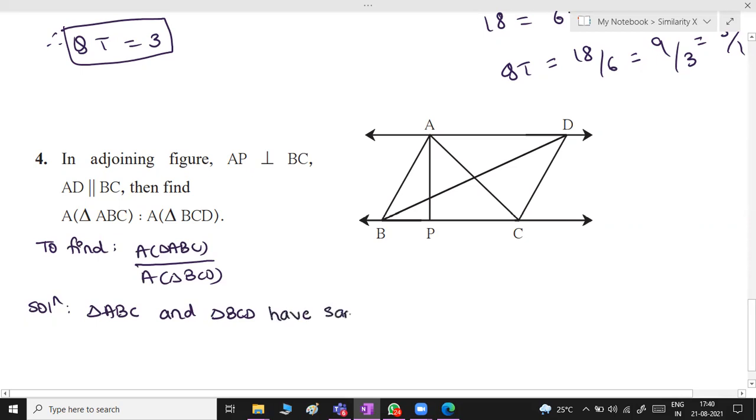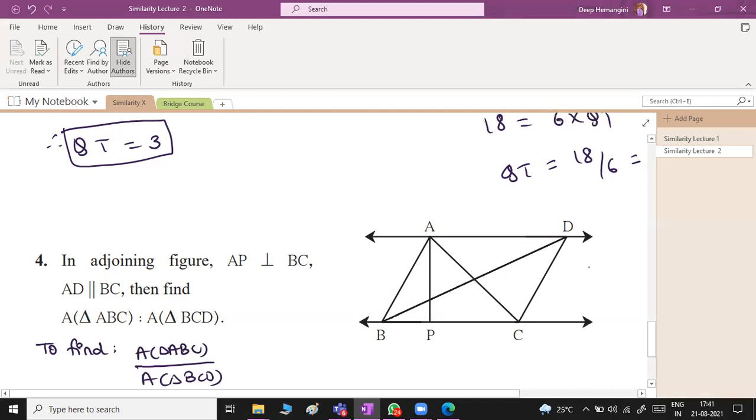Also the vertices of ABC and BCD lie on the parallel lines AD and BC. मतलब उनके बीच का जो distance है, जो parallel lines के बीच में अगर दो triangles हैं, I hope you know this particular point and it's high time, if you don't know, keep it a note, please ये बात याद रखना.